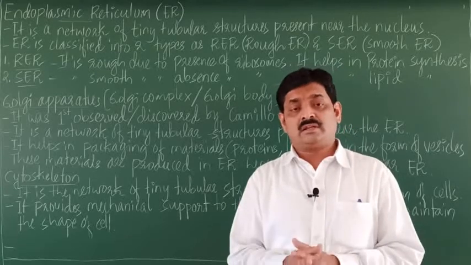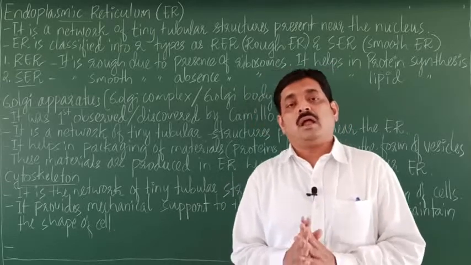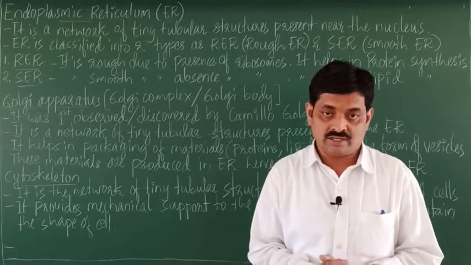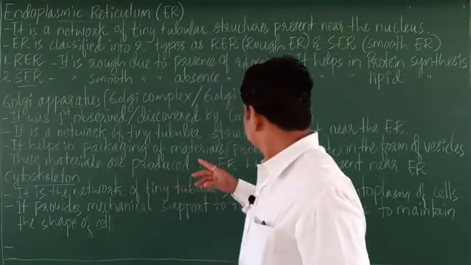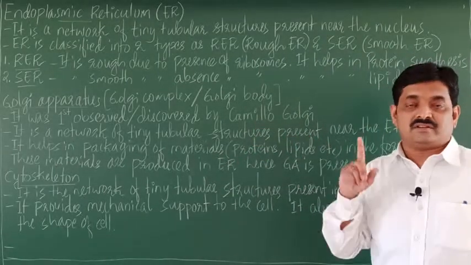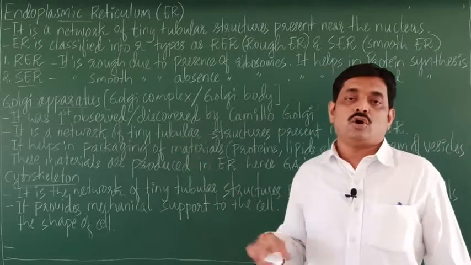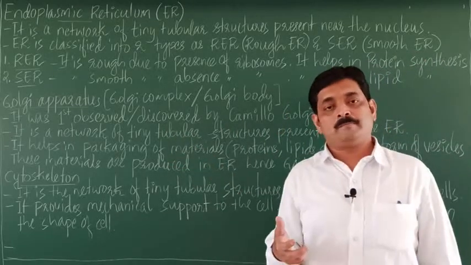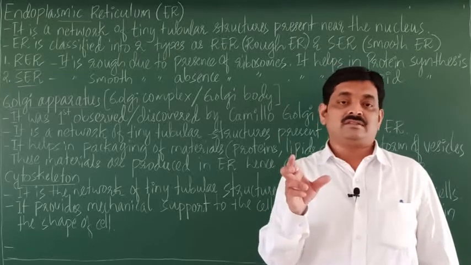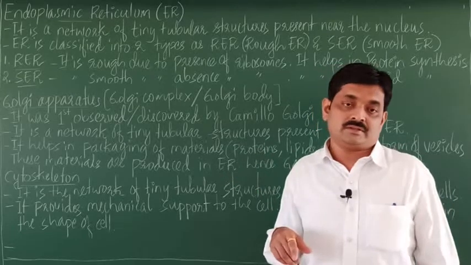This cell organelle was first observed, or first discovered, by Camillo Golgi. So because of this scientist, this cell organelle is called Golgi apparatus.